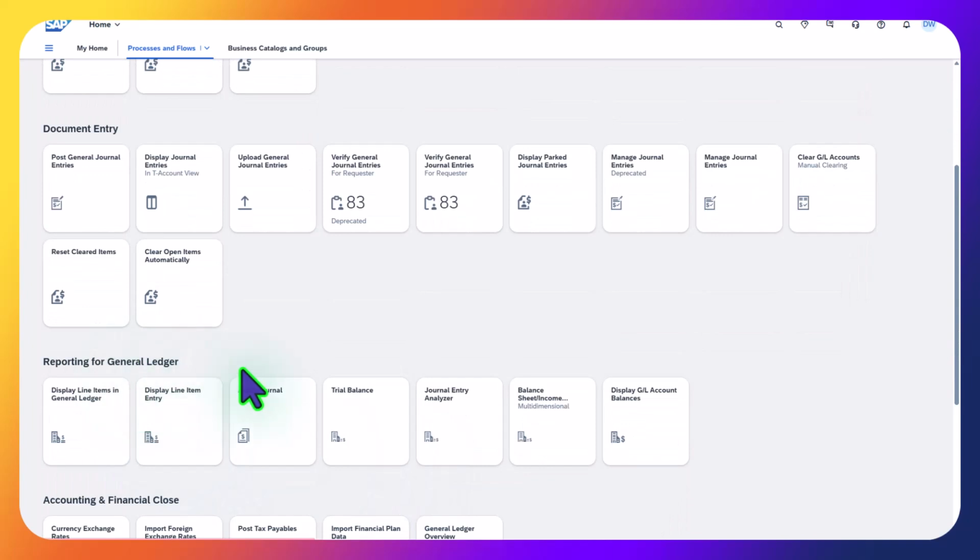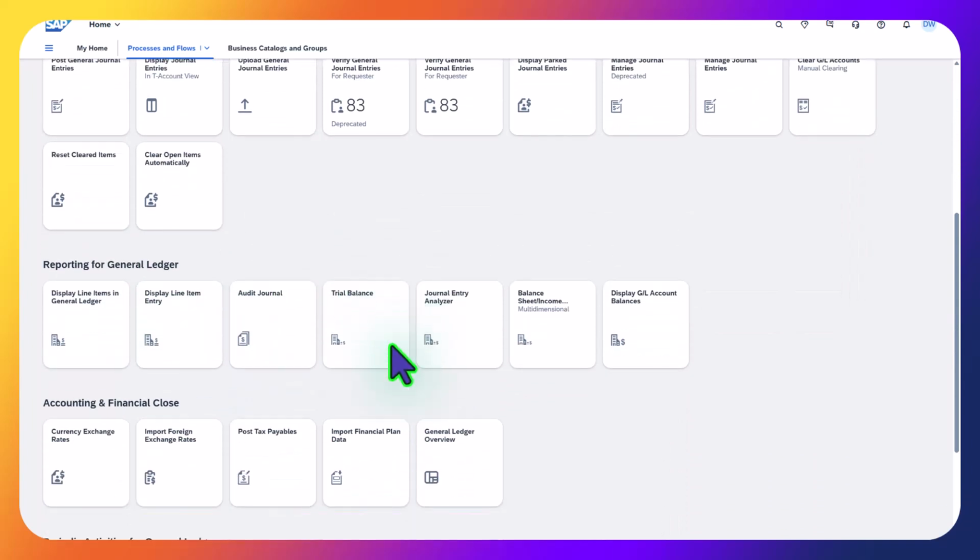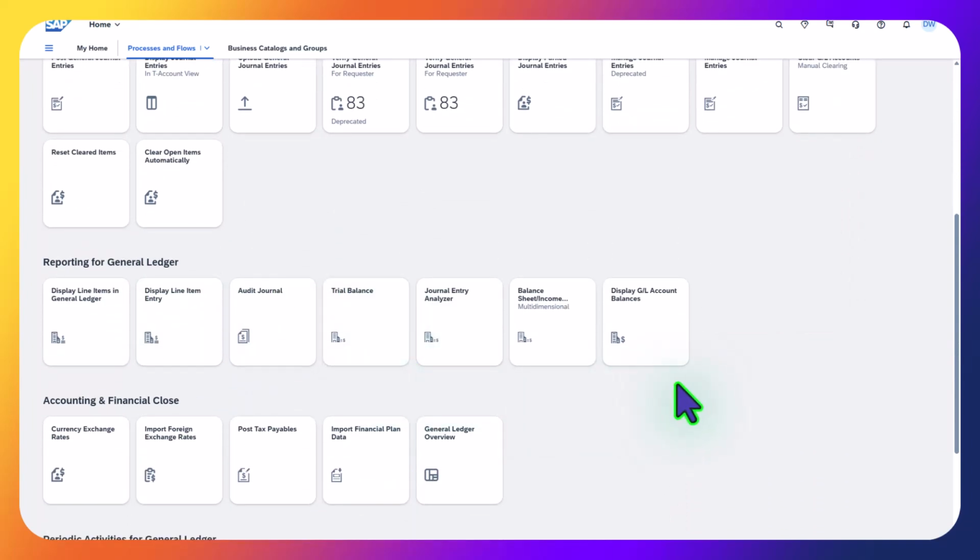And reporting in general for general ledger, we're going to look at your usual trial balances, your balance sheet, income statement, displaying of line items, and displaying account balances from different G/L accounts.